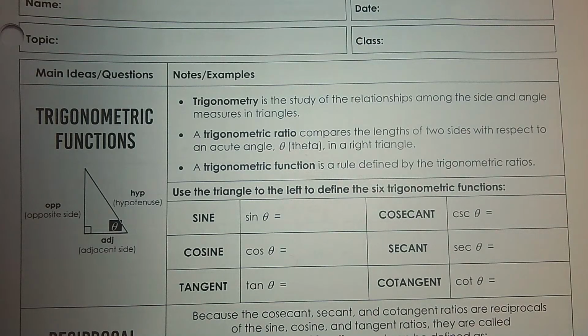They are secondary, and they are cosecant, secant, and cotangent. Now, we don't write down the full word. Instead, we use abbreviations for it.